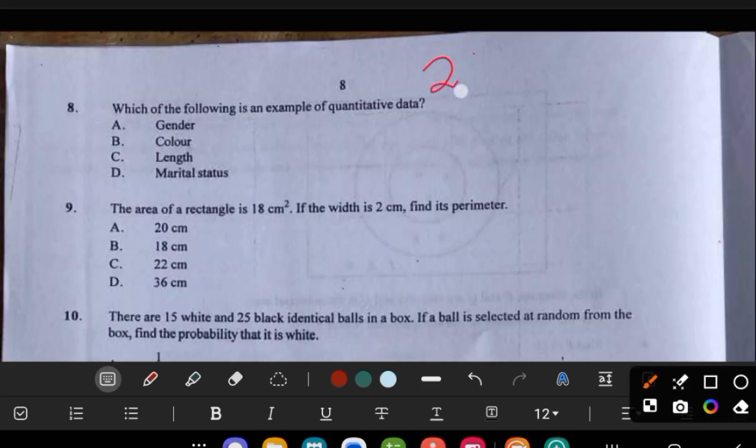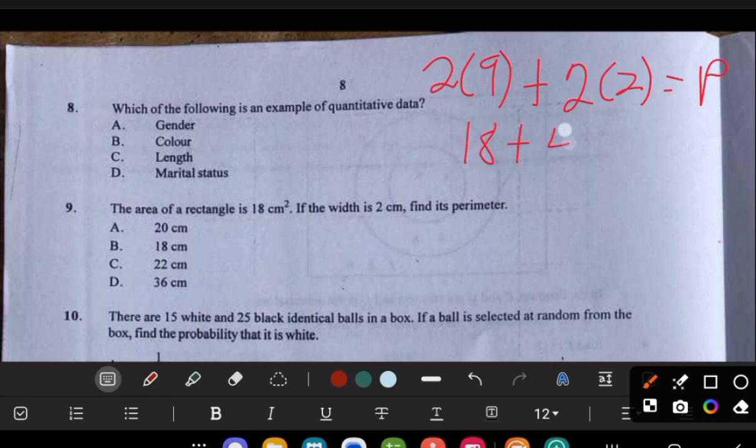So it's 2 multiplied by 9 plus 2W. W is 2, equal to our perimeter. So 2 times 9 is 18 plus 2 times 2 is 4 equals perimeter. So equals 18 plus 4 will give us 22. So number 9, answer is 22 centimeters.